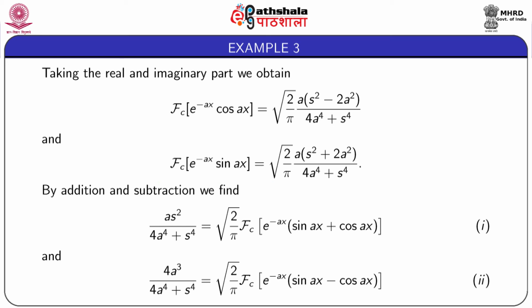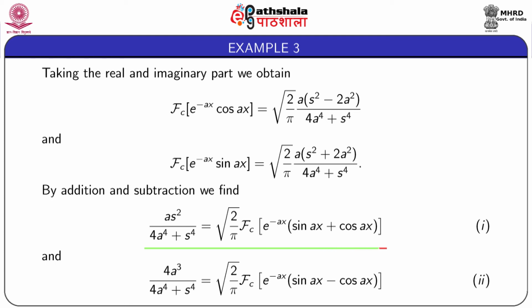Now, by addition, we obtain a into s square divided by 4a^4 plus s^4. This gives root over 2 by pi into the Fourier cosine transform of the function e to the power minus ax into sine ax plus cos ax.